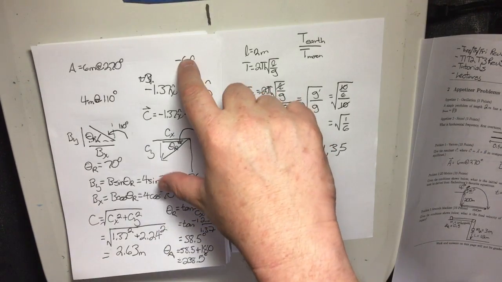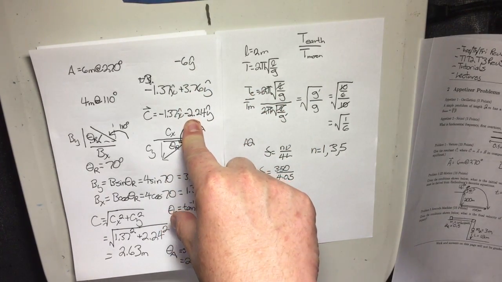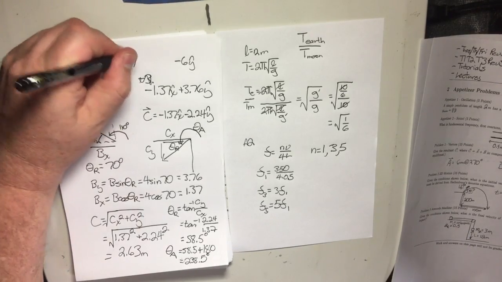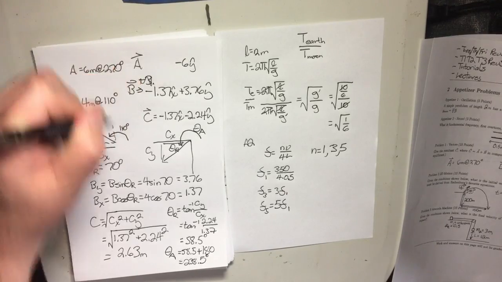When you add -6 to positive 3.76, you get negative 2.24. A is -6 y hat. B is that.